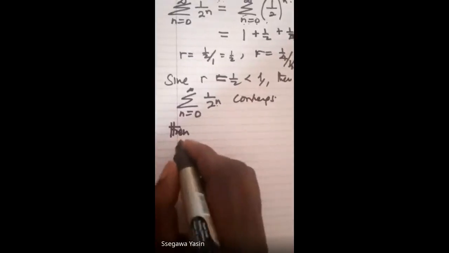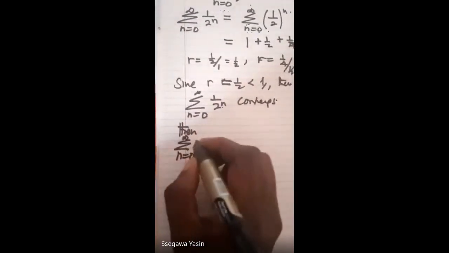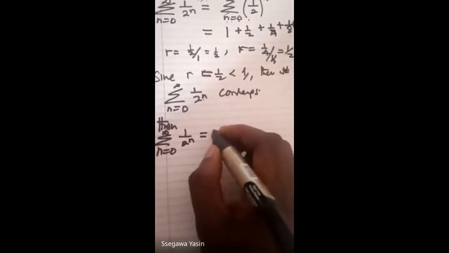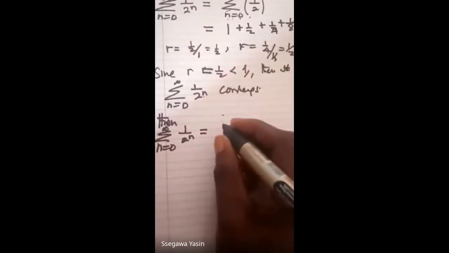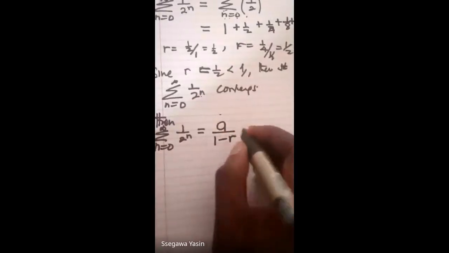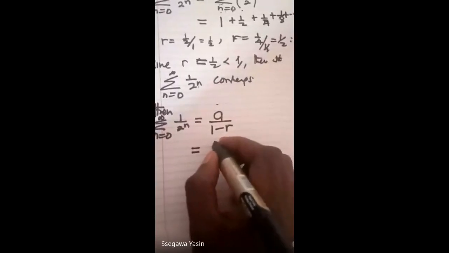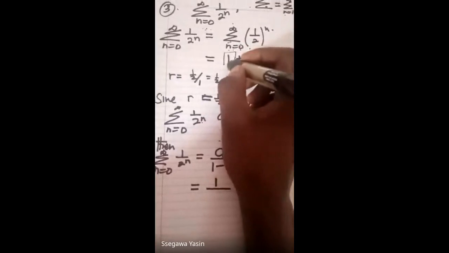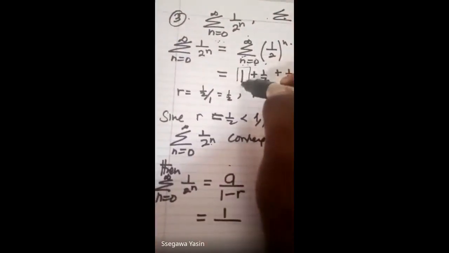So summing up from n is equal to 0 up to infinity of 1 over 2 to the n, this is just the sum to infinity of a GP, a over 1 minus r. Our a is what? Our a is 1 now, not a half.